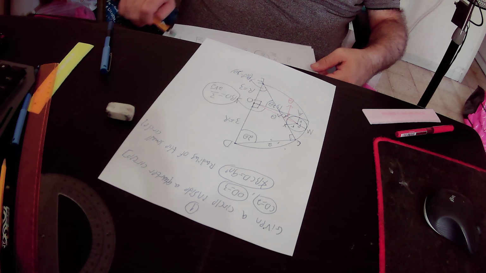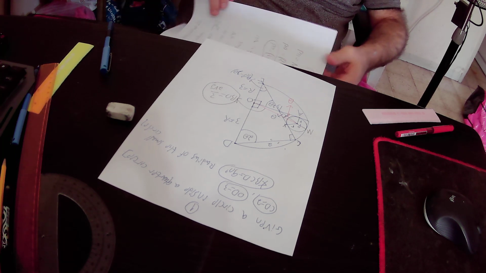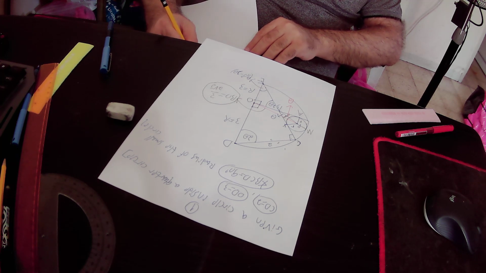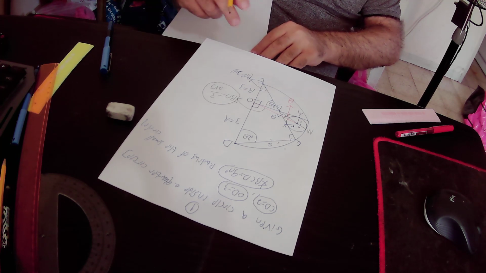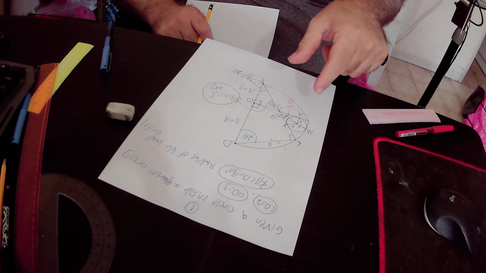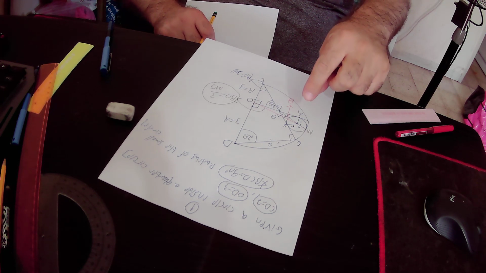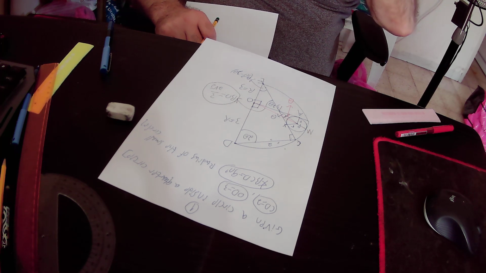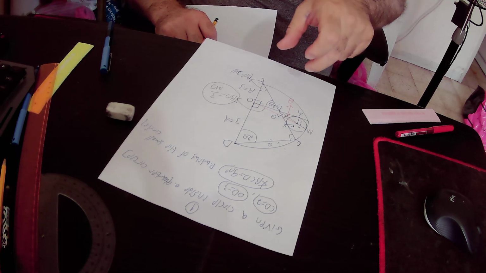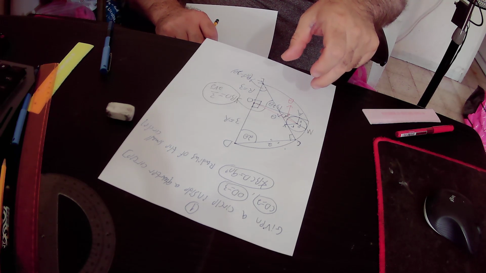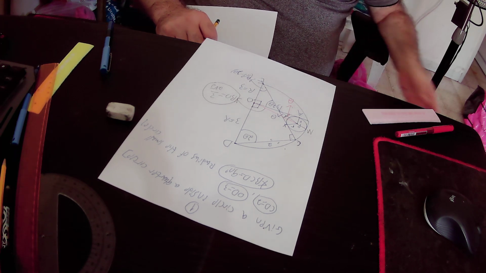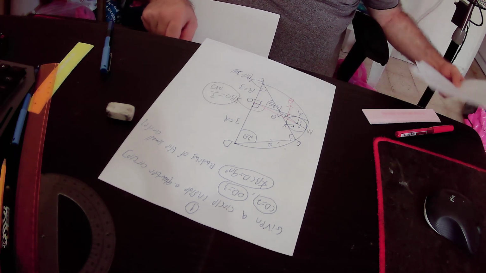So according to this rule, we have tangent OA and we have the radius that meet at point A. So the tangent to the circle and the radius, according to the rule, are perpendicular to each other.